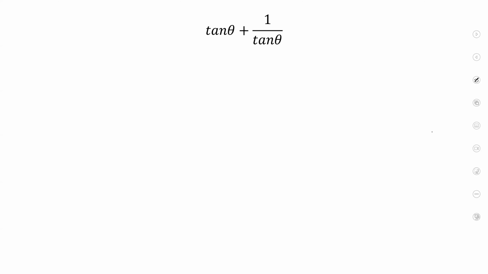Last example. Something that I like to do, here's a tip, is to combine things or expressions into a single fraction. Instead of having a whole bunch of separate things, combine it into one fraction. Sometimes it might help you to separate them. It all depends on the problem. So if I want to combine these, I need to get the same denominator. So this needs a denominator of tangent theta.